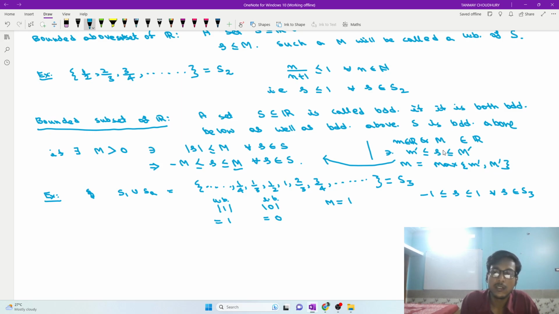So from this definition the original definition of a bounded set will follow. If the concept is clear to you, it is the same thing, nothing different. Okay.